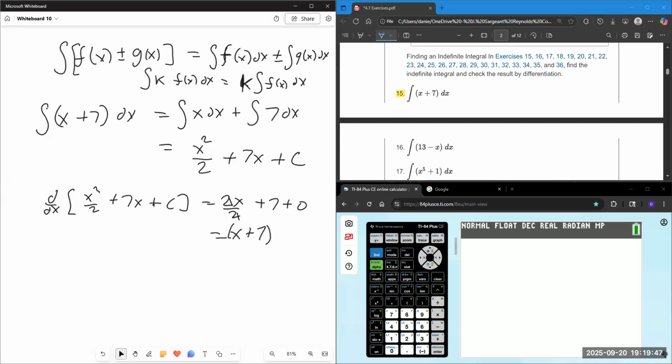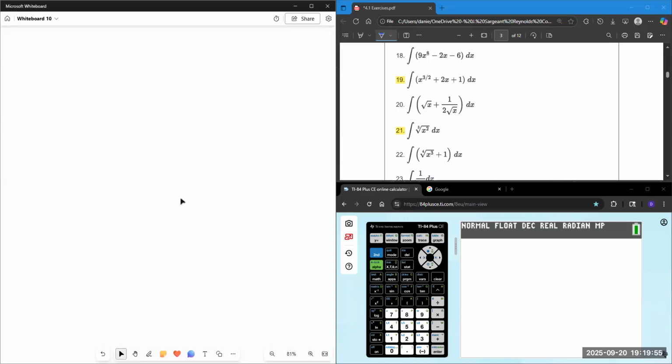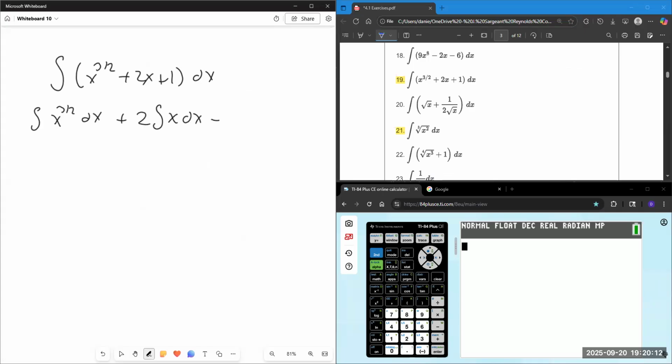Let's go ahead and look at number 19. Number 19 says the integral of x to the 3/2 plus 2x plus 1 dx. So I'm going to integrate x to the 3/2 dx plus, and I'll bring the 2 out right now, 2 times the integral of x dx plus the integral of dx.